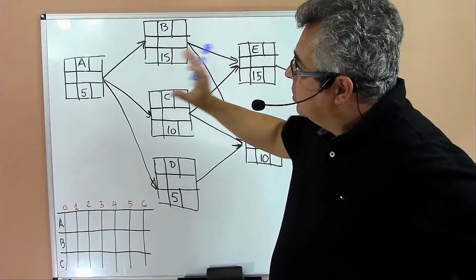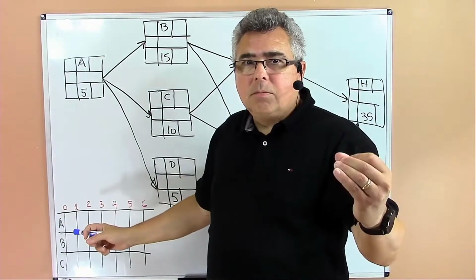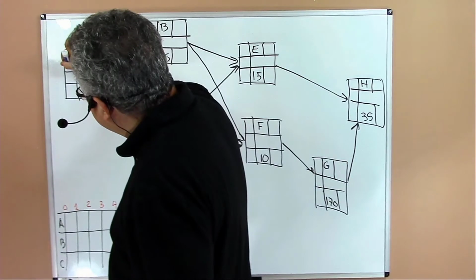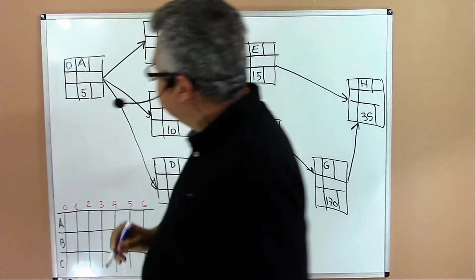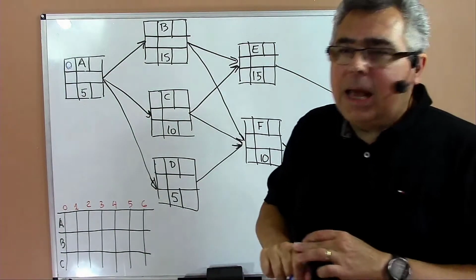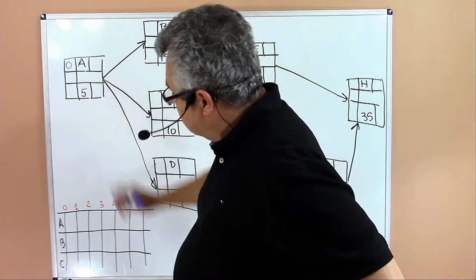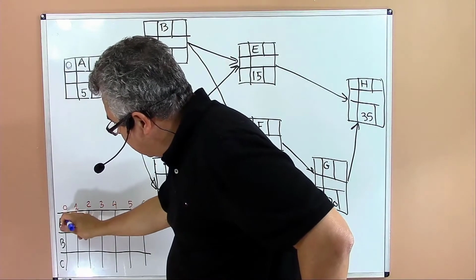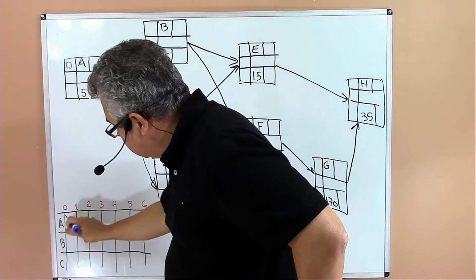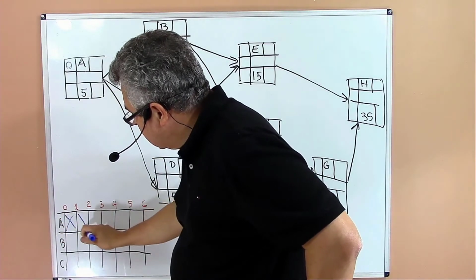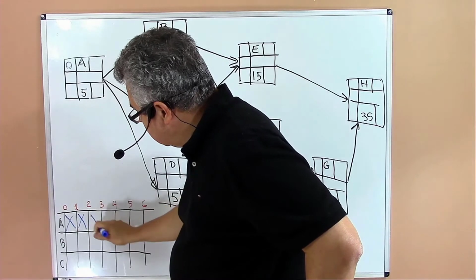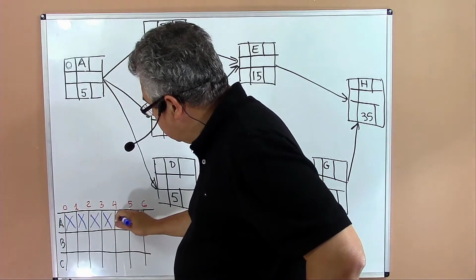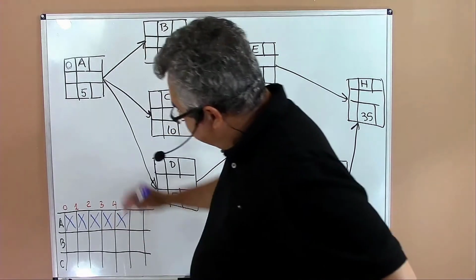Here, we always start on time 0. That's the beginning of the first day. So activity A will start on time 0. Activity A has a duration of 5 days. So let's see how it works. I start at time 0: first day, second day, third day, fourth day, and fifth day.